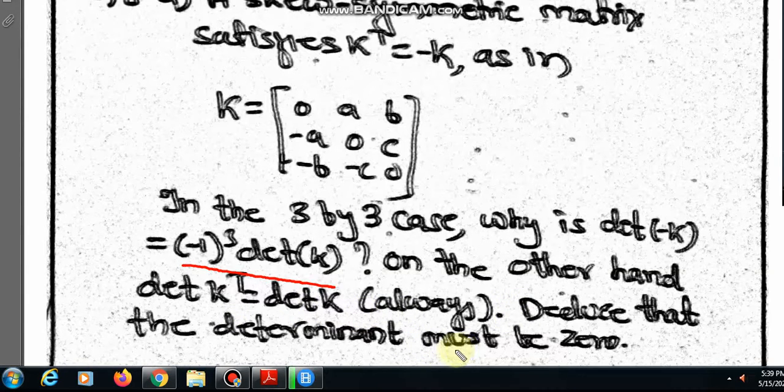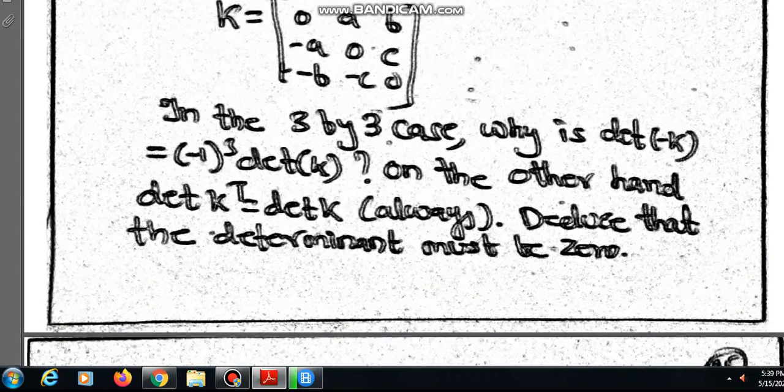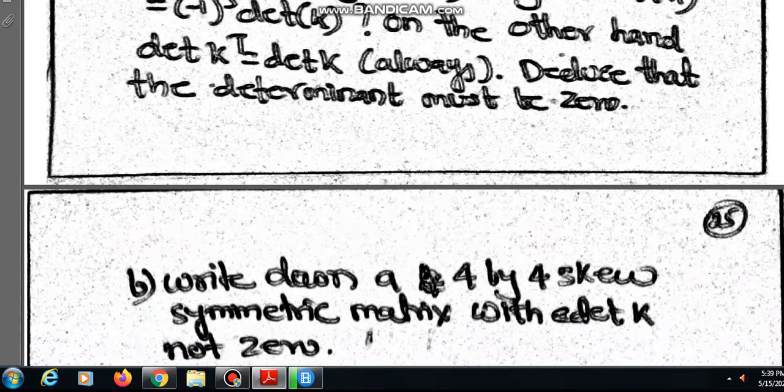Deduce that the determinant must be 0 from the property that the determinant of K transpose equals the determinant of K.